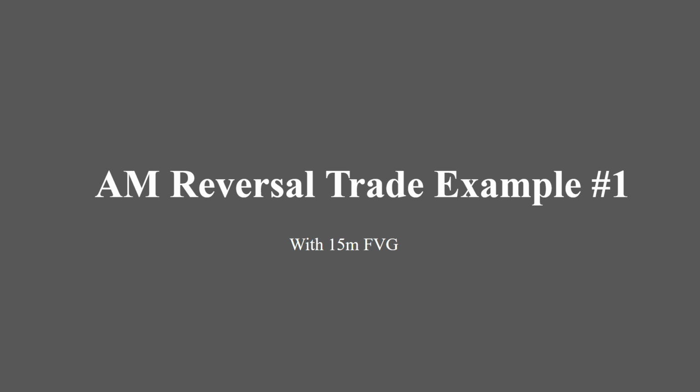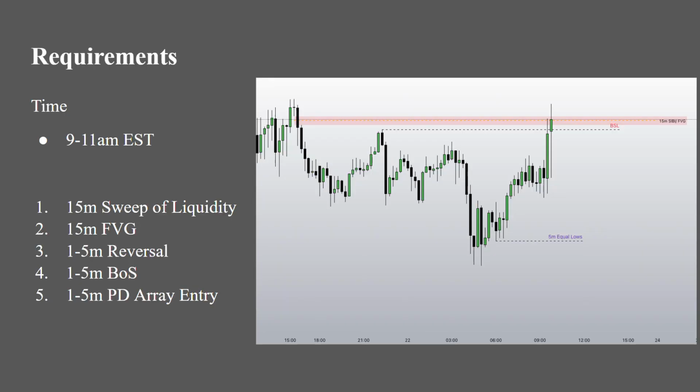So, AM reversal trade example number 1. This one is including step 2 with the 15-minute fair value gap. So what does it look like? Here, price goes to buy side liquidity, sweeping it, and as you can see, right above the buy side liquidity it's sweeping, there is a higher time frame 15-minute bearish fair value gap located.